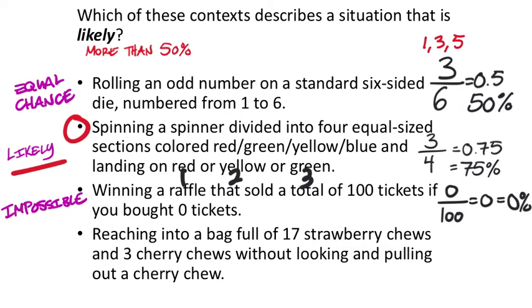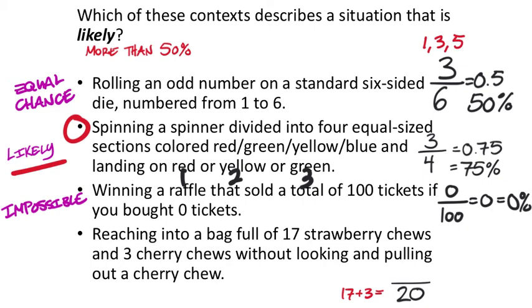And then the last problem, reaching into a bag full of 17 strawberry chews and 3 cherry chews without looking and pulling out a cherry chew. So we would want to first kind of think about how many total there are on this one. Okay, now the thing is you have 17 strawberry chews and then another 3 cherry chews. That totals 20 chews that are in the bag.